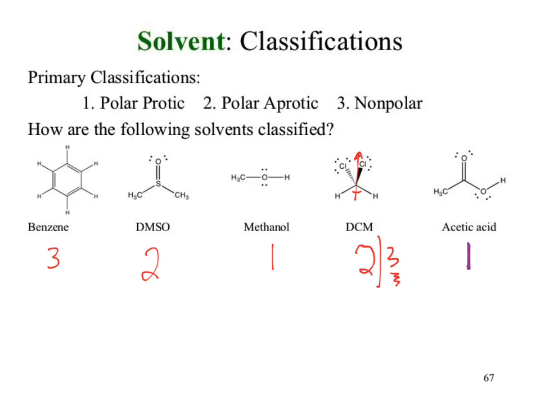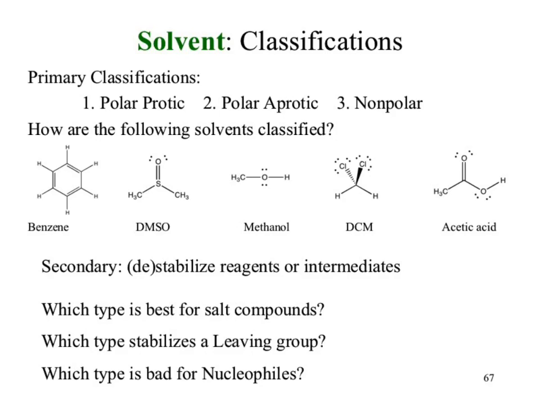Okay? Acetic acid is an acid, which means by definition it is protic, or polar protic. Make sense? How do we then use those classifications to help us within our mechanisms?